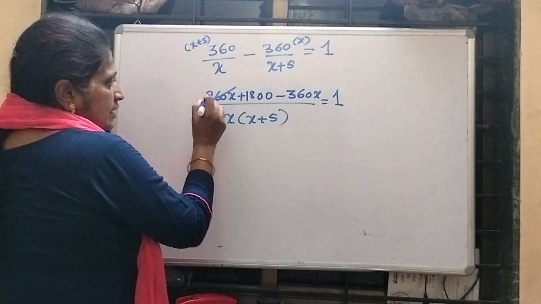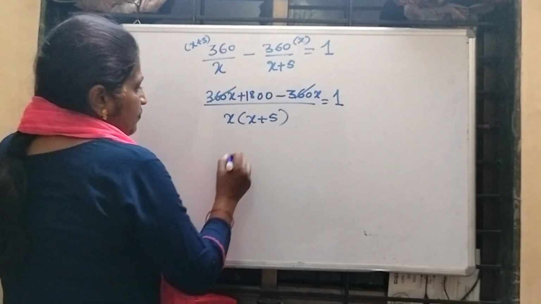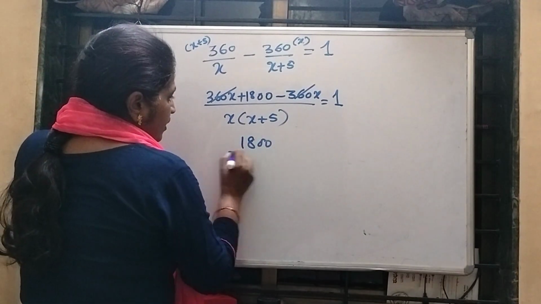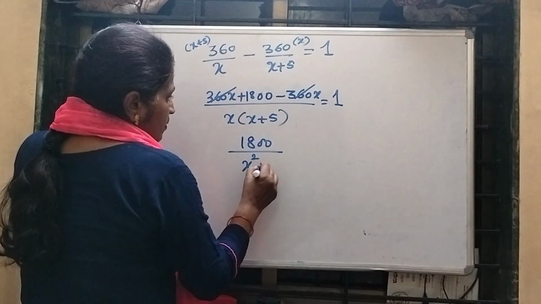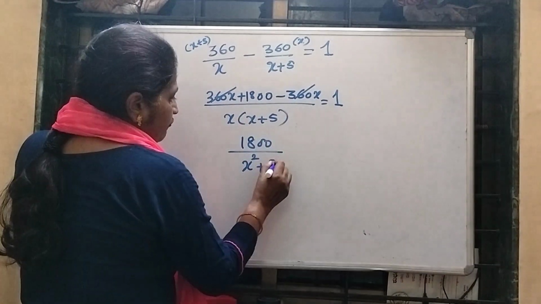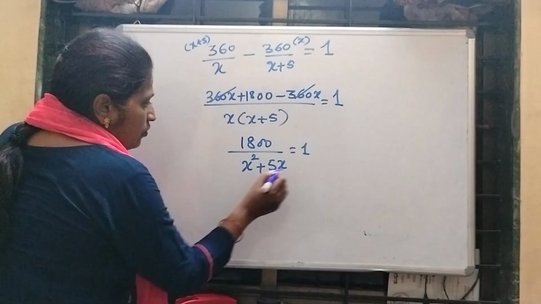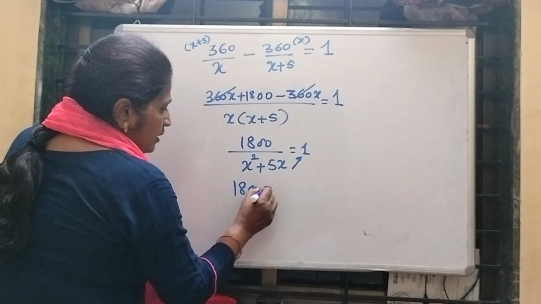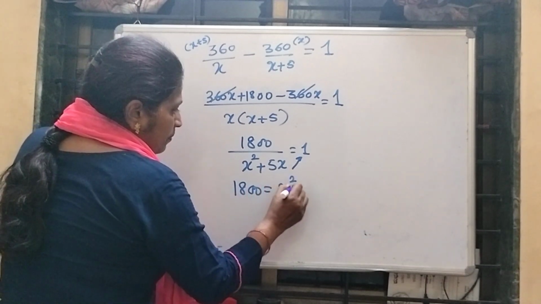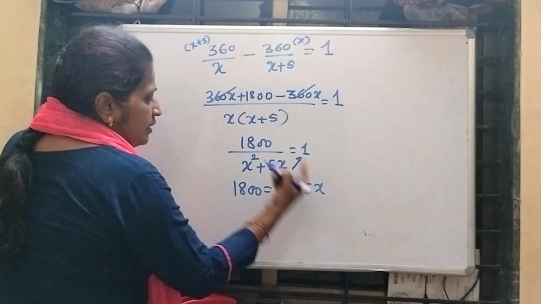Now plus 360x minus 360x gets cancelled. So 1800 divided by x into x plus 5, that is x square plus 5x, is equal to 1. Now cross multiply this with 1 only. 1800 is equal to x square plus 5x, because multiplied by 1 it remains the same.